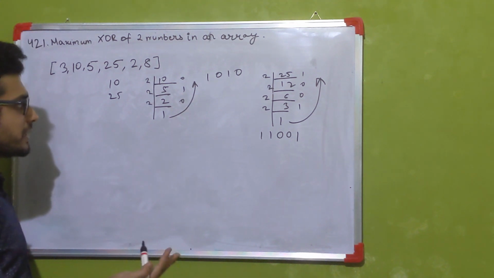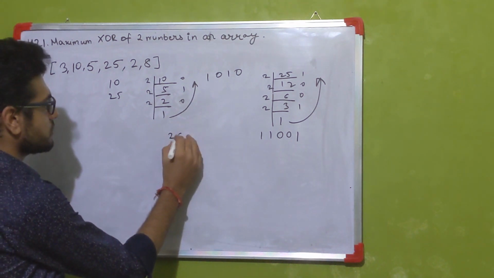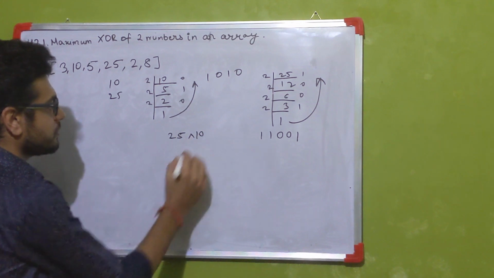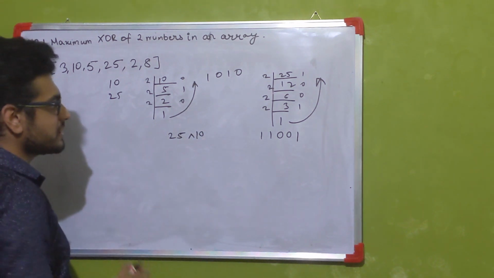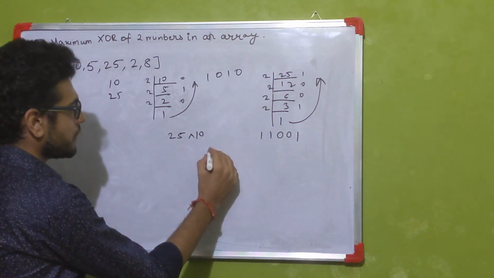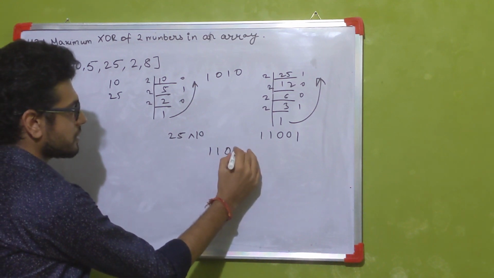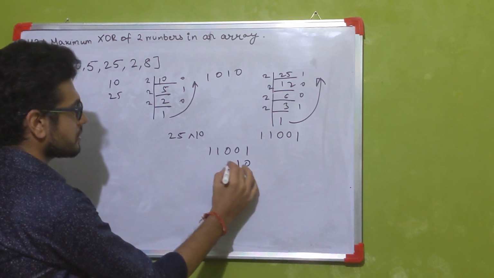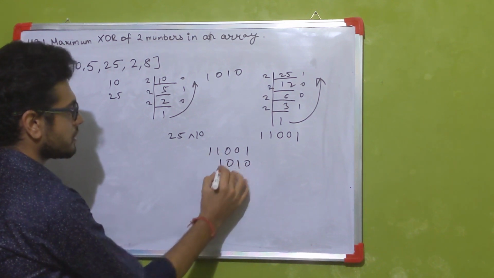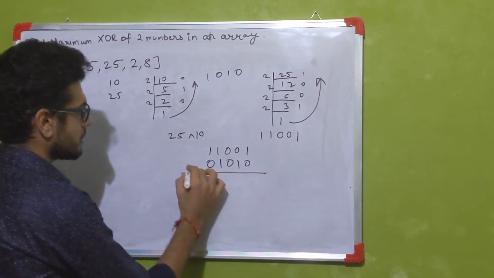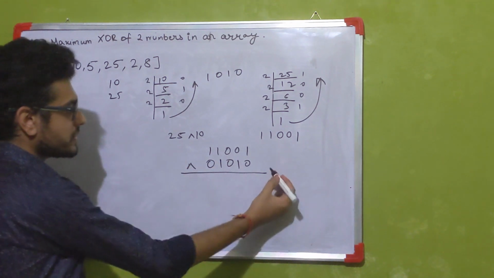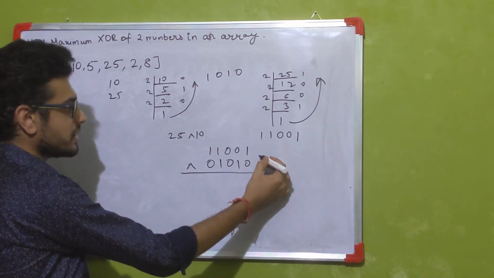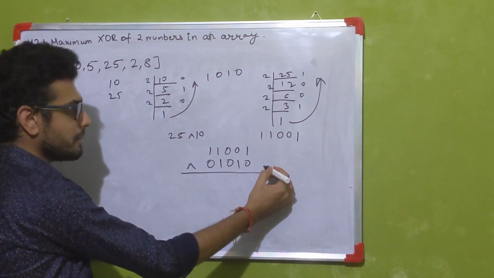Now let's see how we find the XOR. XOR is usually represented by a caret sign in most programming languages. To find the XOR, we put these numbers one below the other. Now we see at what positions the digit is differing in these two numbers.